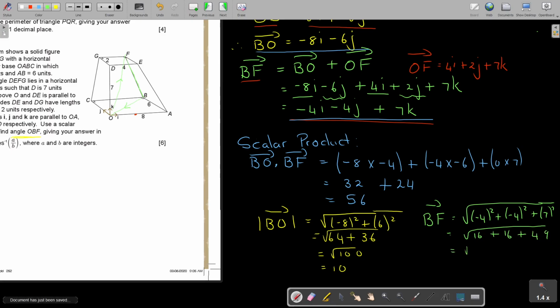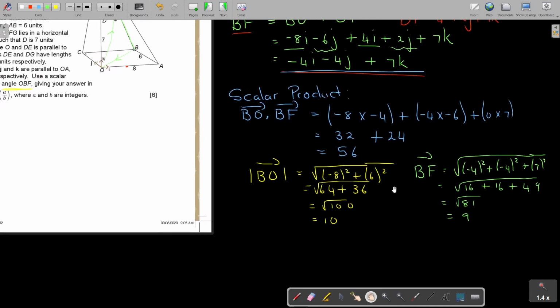That's going to be the square root of 81, which is going to be 9. Okay, and now I'm going to say cos of angle OBF is equal to the scalar product over 10 times 9.